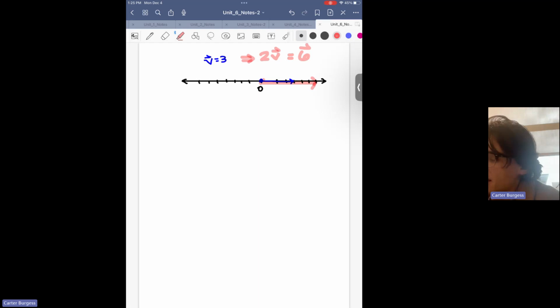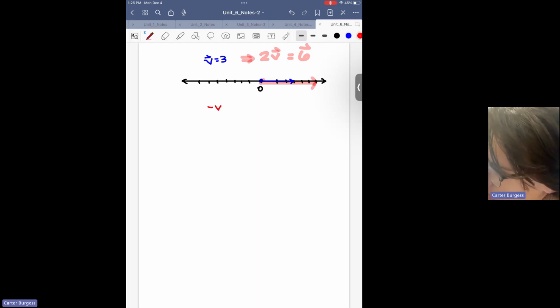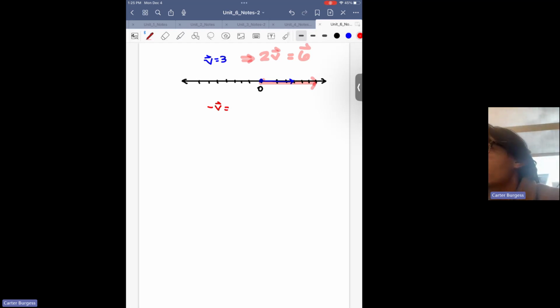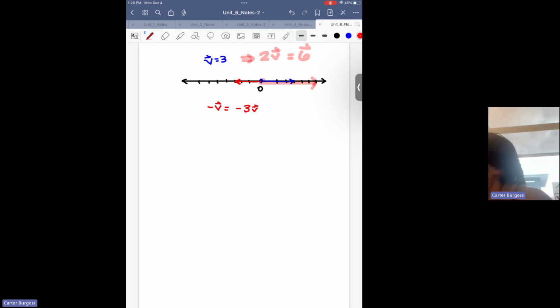We saw that the -1, so if I take negative v, what does this do to my vector? It takes it to the opposite side, so same length, different direction, in particular the opposite direction. So we go out the same distance, just in the other way, a 180-degree rotation.